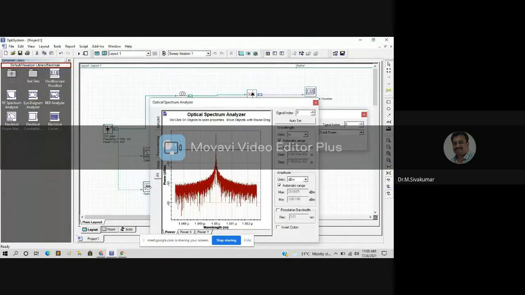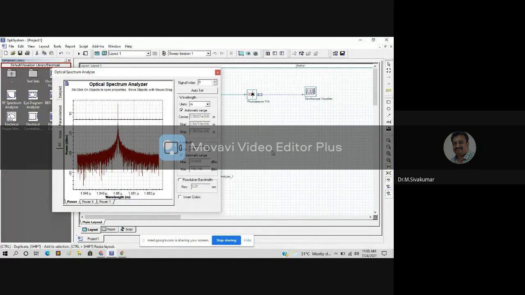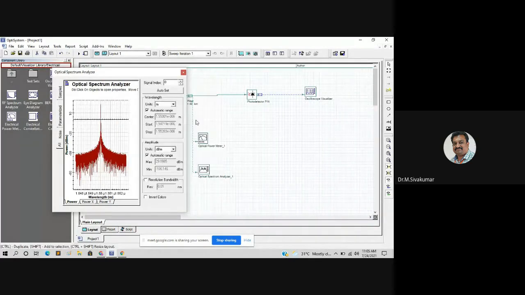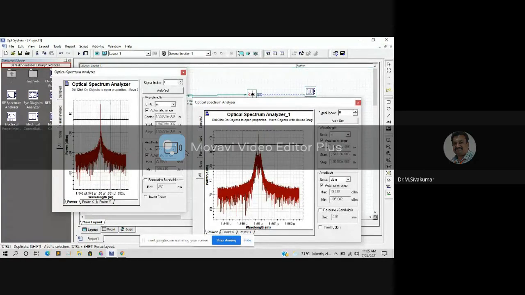Also you need to verify the spectrum on the oscilloscope at the receiver end for each and every wavelength. Just note down the spike. Here some spike is there now at 1.5. Just expand this one. At 1.550 it has some spike. Just concentrate on the spike, and at what values of length it may vary.